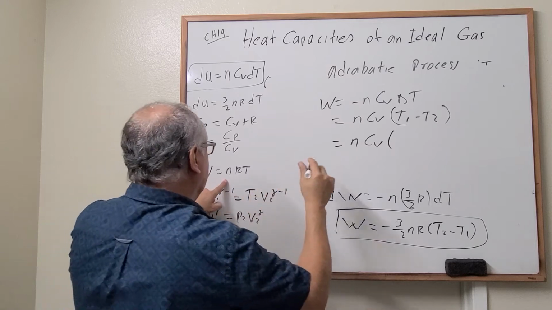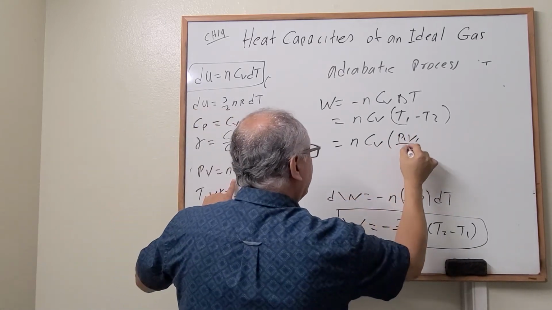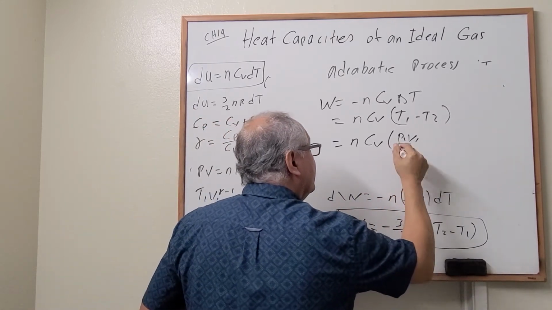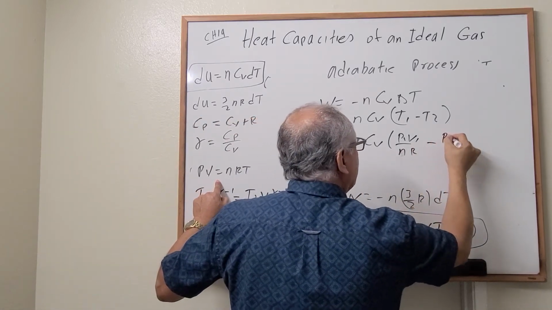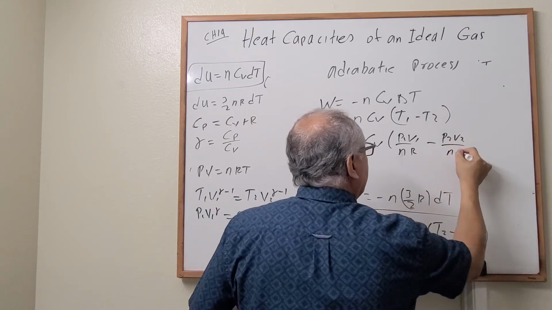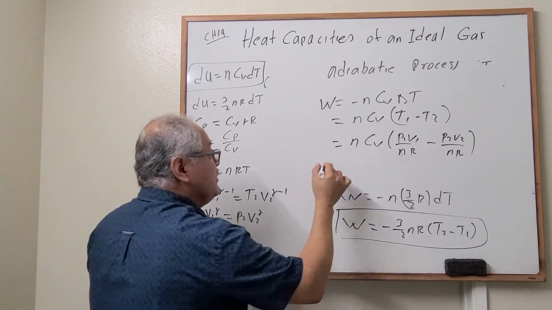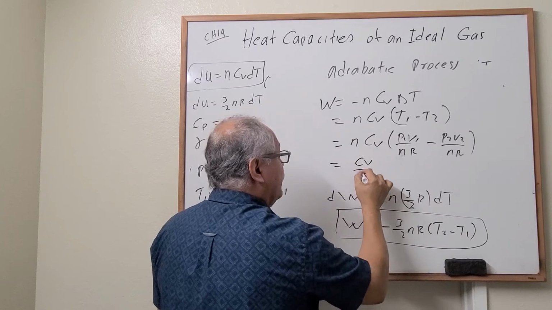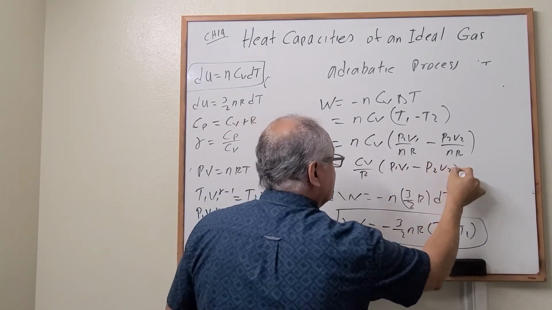T1 is going to be P1 V1 over nR, minus P2 V2 over nR. Perfect. So n is cancelled, and it's going to be CV over R times P1 V1 minus P2 V2.